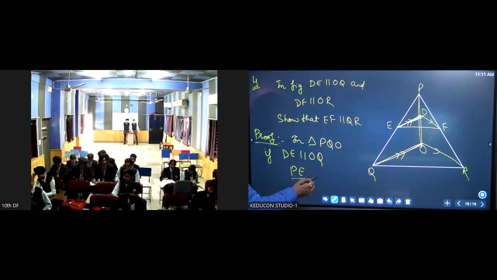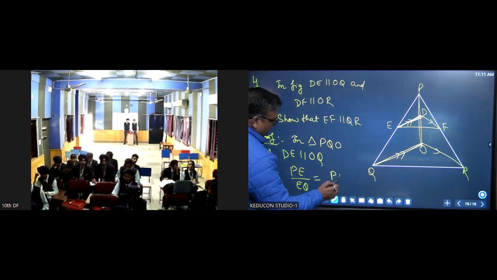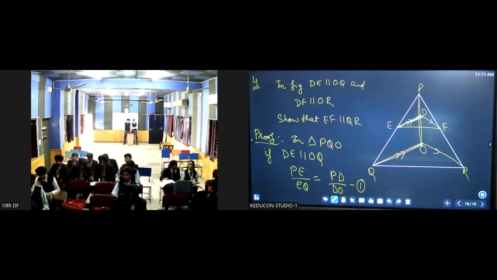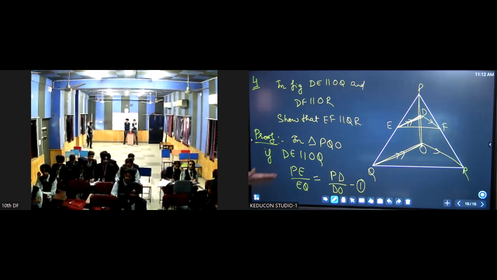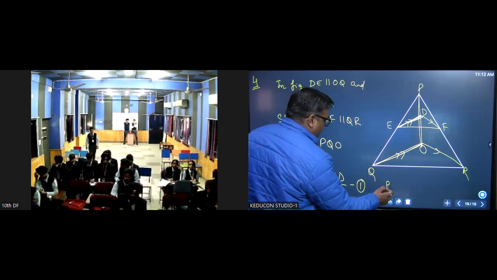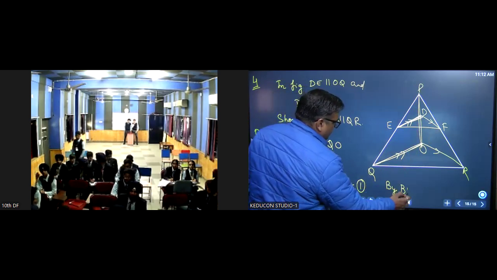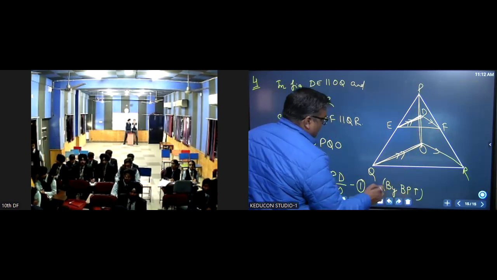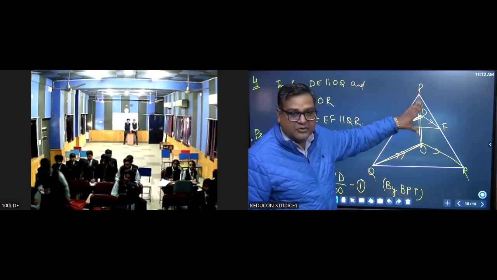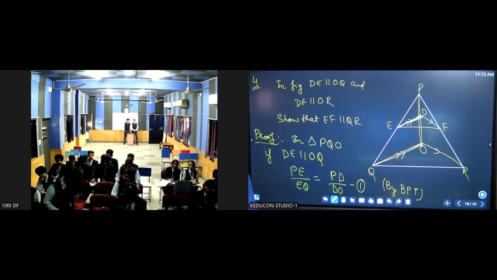Is this step clear, बच्चों? Is this step clear? Yes. बेटा ये देखिए दोनों पैरेलल लाइंस थी तो हमने क्या किया, यहां से बीपीटी लगा दी, बाय बीपीटी लगा दी तो क्या आ गया बेटा? PE अपॉन EQ इक्वल टू PD अपॉन DO.